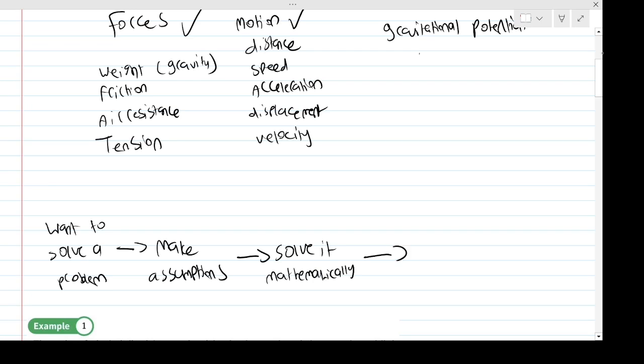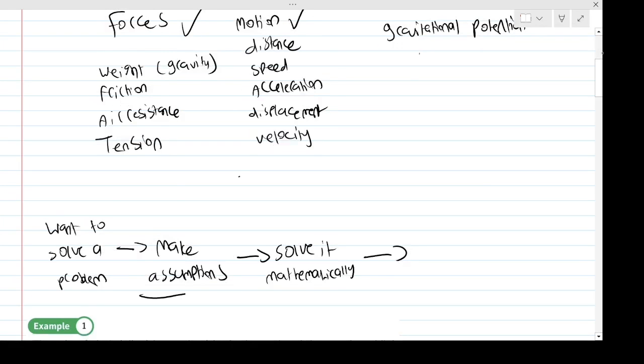But with assumptions, because we simplify the problem down, the problem isn't exactly the same as how it was. So for example, we might want to find some forces or how fast a car moves. Commonly we will just ignore air resistance, but in reality there will be air resistance. The assumption is if we get rid of air resistance, we can then do some maths to it, because air resistance makes things a lot more complicated.